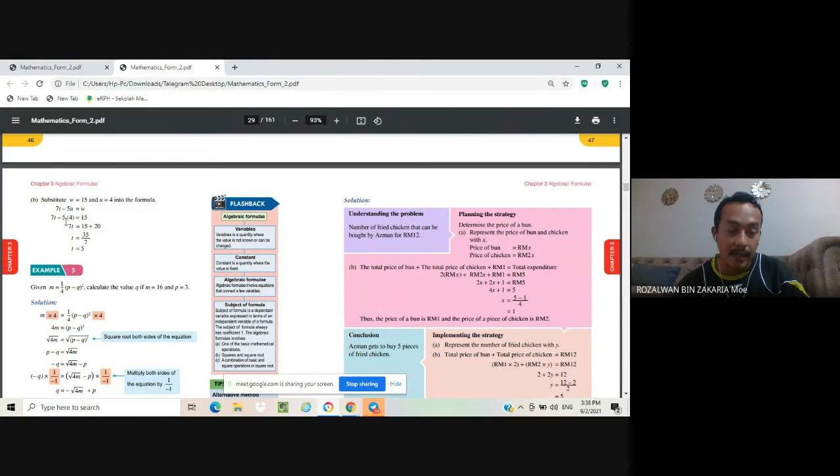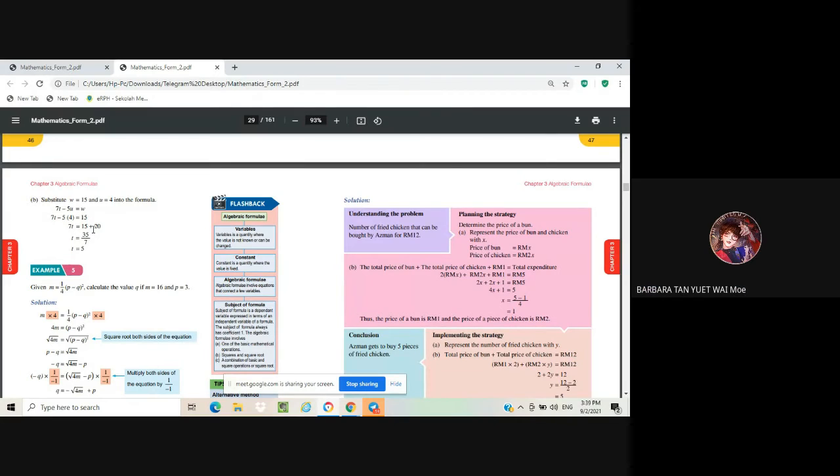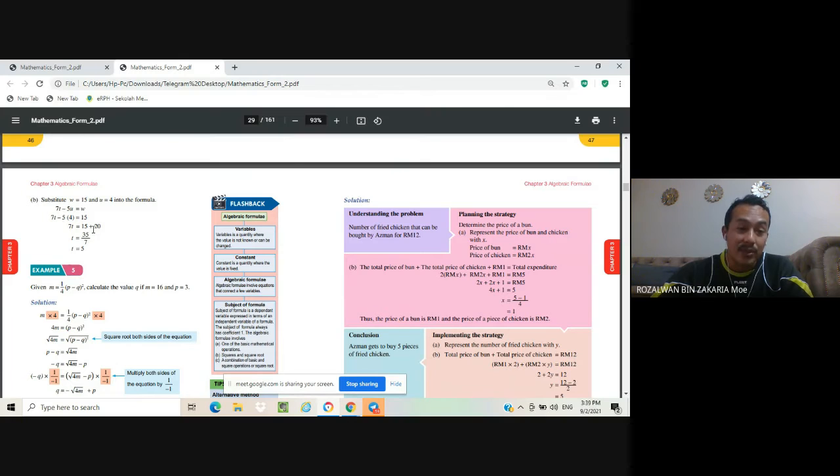On your left side, we have 7T minus 20 equals 15. Okay, then why is this 7T equals 15 plus 20? How does the minus become positive here? Because it moved from left to right. Yeah, the simple way.